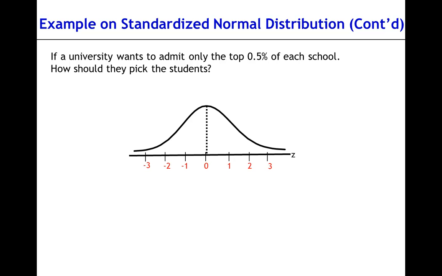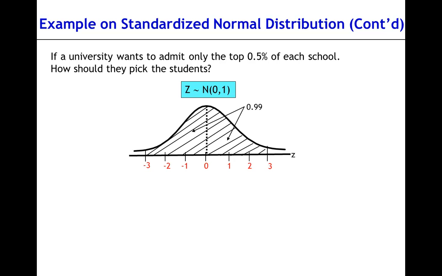Since this is a standardized normal distribution with a mean of 0 and a variance of 1, 99% of students would have GPA that lies within 3 standard deviations from the mean 0. That leaves us with 1%. So each tail end gets 0.5%. And this top 0.5% is what the university is looking for.